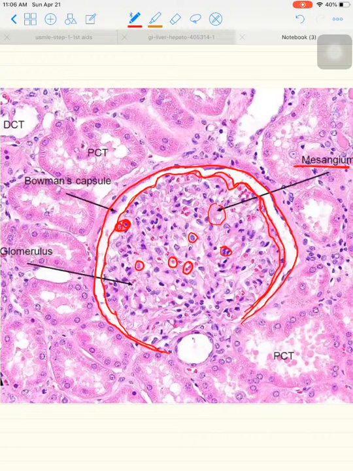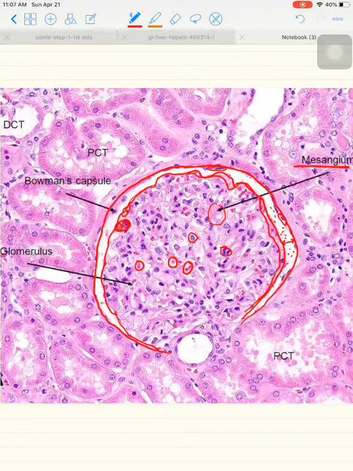About the Bowman's capsule: it is surrounded by the parietal cells, squamous parietal cells, and very fine cells that we will discuss in the next image, the podocytes. In between the two layers of cells we have a space, the Bowman's space. This space is always filled with filtrated fluid, and it has hydrostatic pressure.